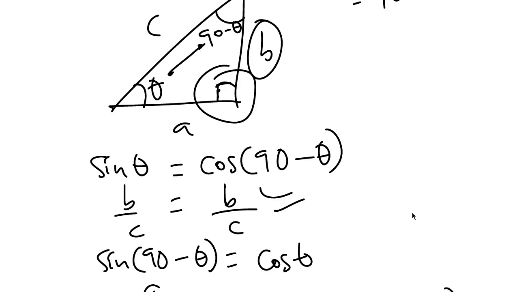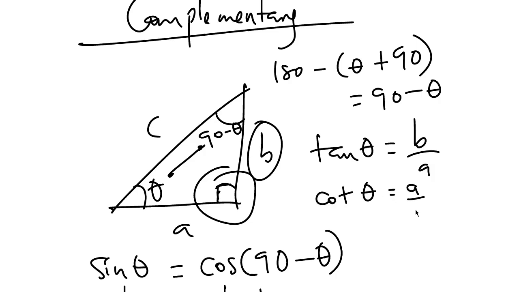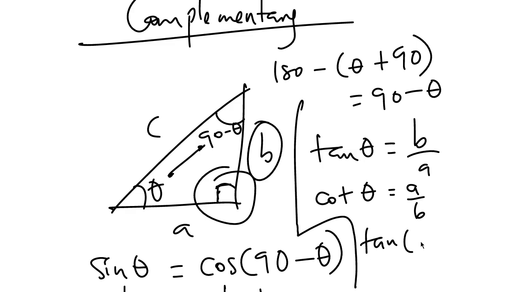Okay, and then the same thing applies to the tan. Looking at this triangle now, if you want to derive tan theta, it is equal to B over A, right? Because that's opposite over adjacent. And then what is the value of cot theta? Cot theta is equal to A over B. But we could also establish the fact that tan 90 minus theta will be equal to cot theta.